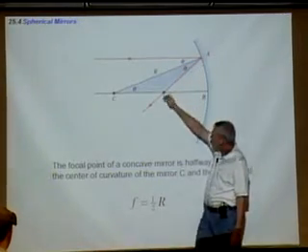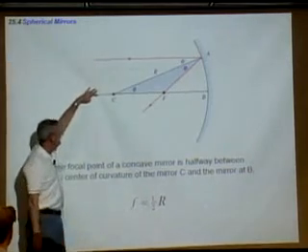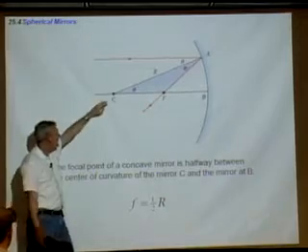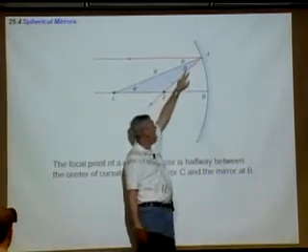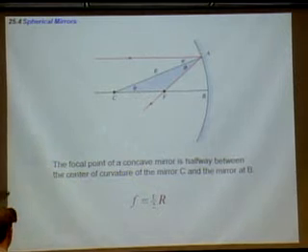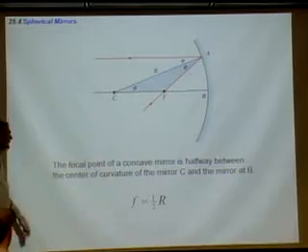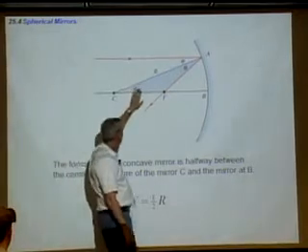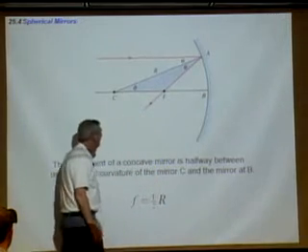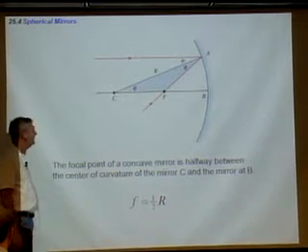So it comes back this way. But notice what happens. Since this line is parallel to this line, we've got alternate interior angles. So these two angles are the same. If you have two angles like that, what do you have? You have an isosceles triangle. And so this side is the same as this side over here. Boom. The focal length is at 1/2 R.